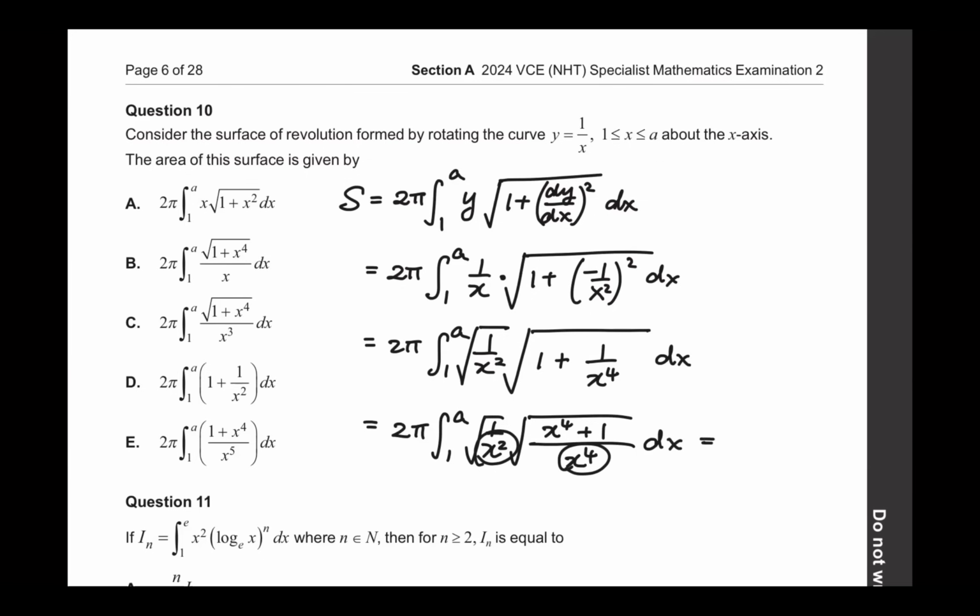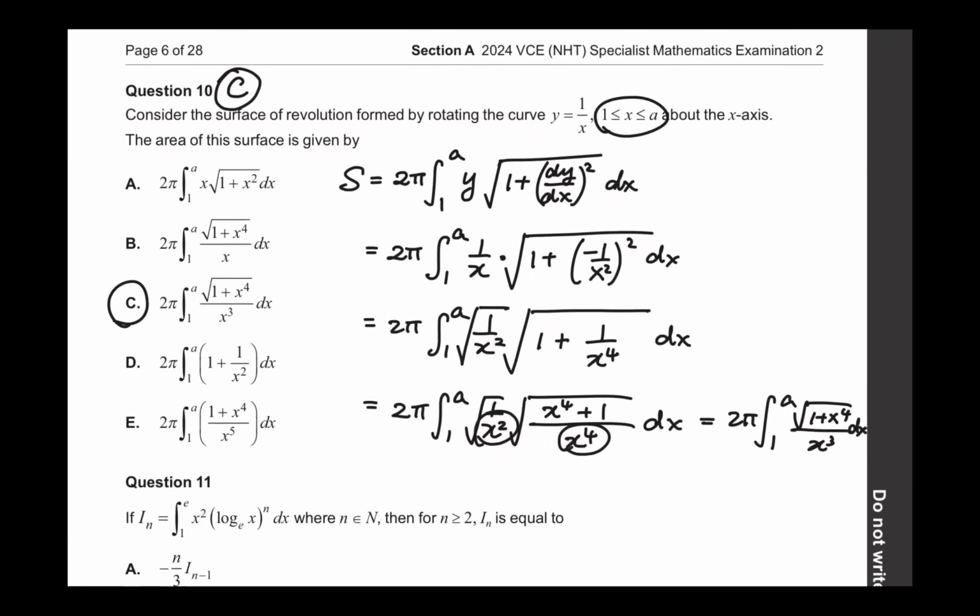Taking a square root, you get x to the power 3 anyway, and x is greater than 1. So I think you should get option C. When you write it out, don't forget about the dx. Okay, even though this is a multi-choice question, get into a good habit.